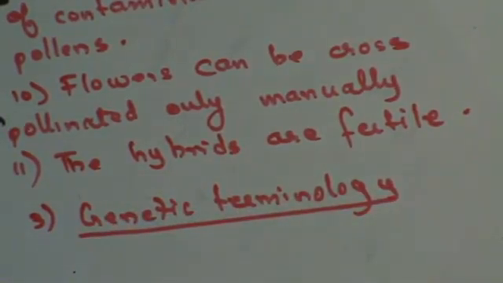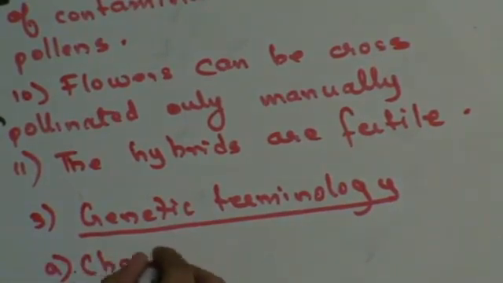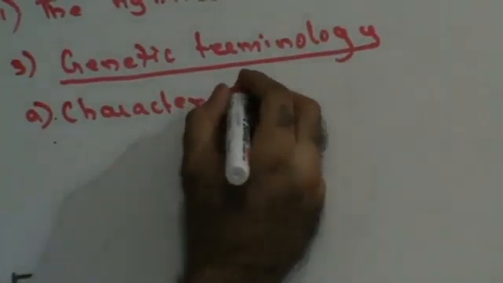Now, let's see what does each word mean, so that we can understand this experiment better. What do I understand by the word character? Character means it is nothing but it is a feature of the organism. For example, the height of the stem, the color of the flower, the color of the pod of the pea plant. So that is called as a character.